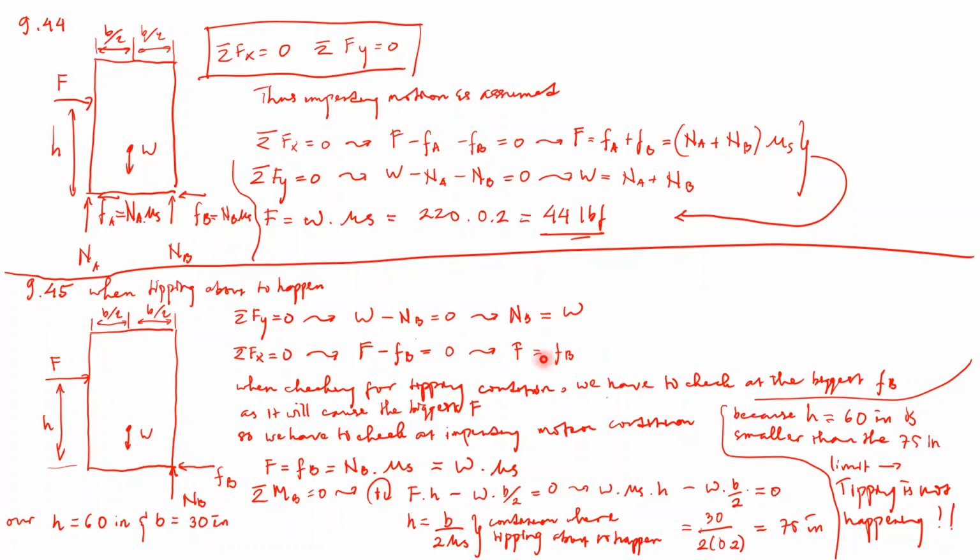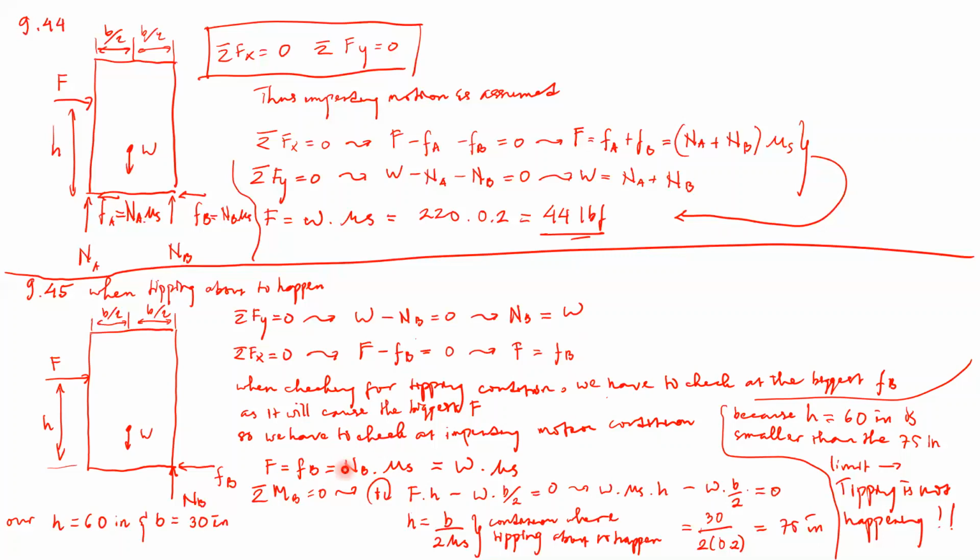So if F is at the biggest value, it means that FB is at the biggest value. FB will be the biggest when what? When impending motion is about to happen. Sorry, not about to happen. Impending motion condition, which means FB here is the same as normal force at B multiplied by mu s.